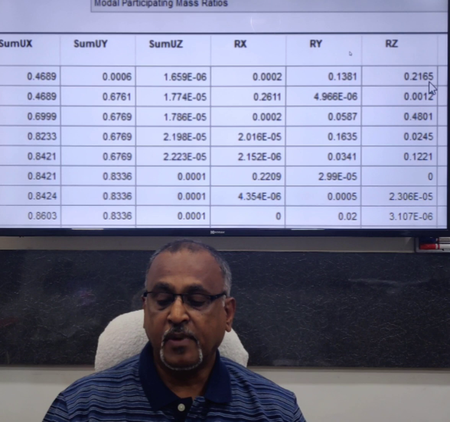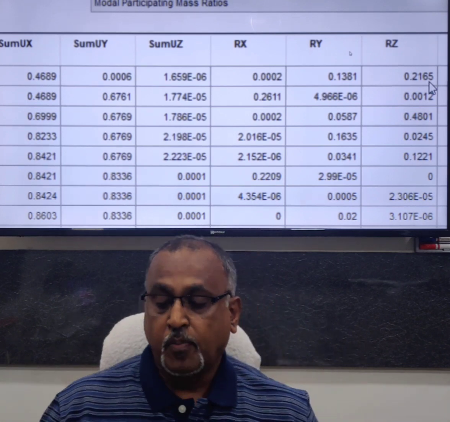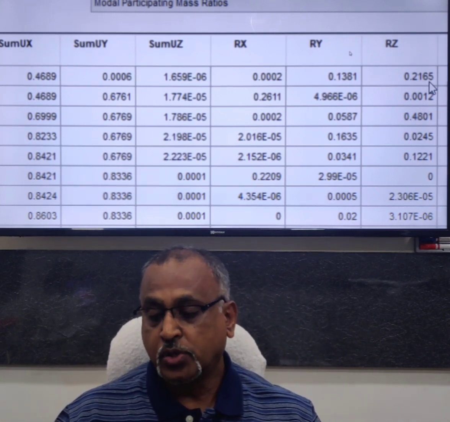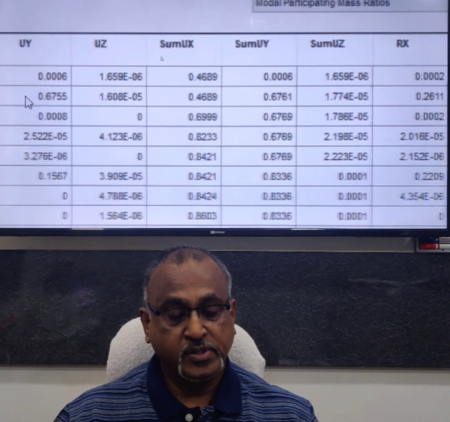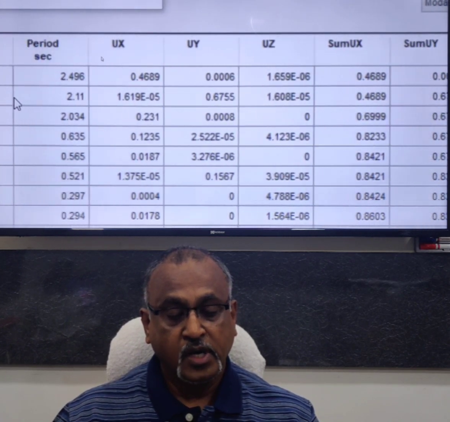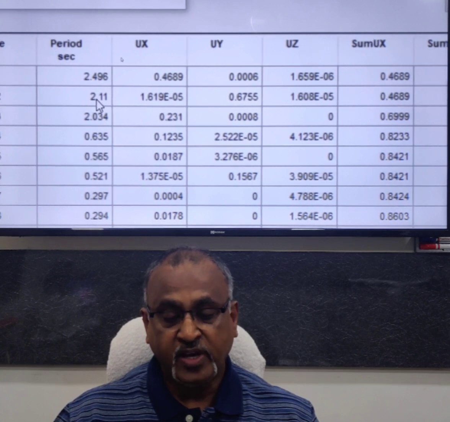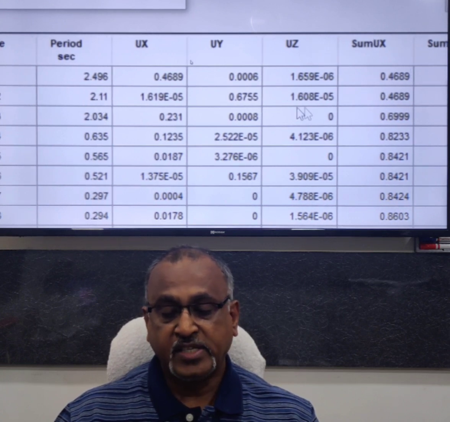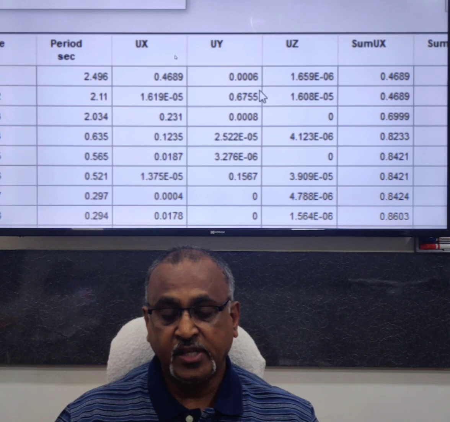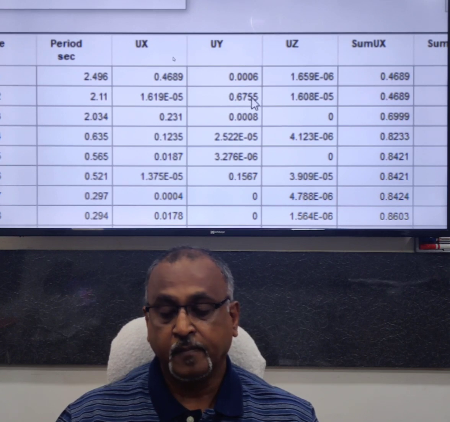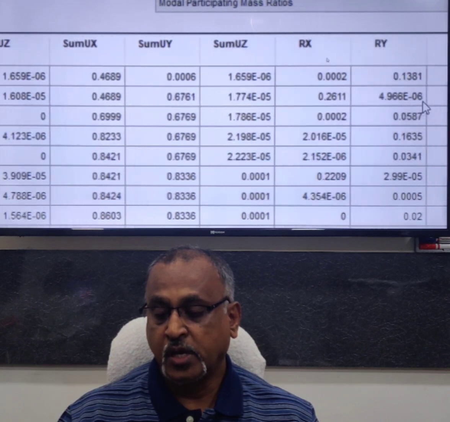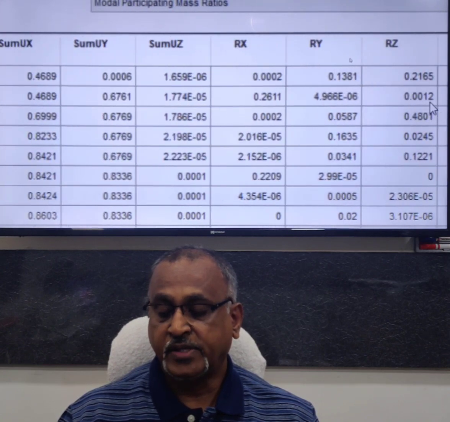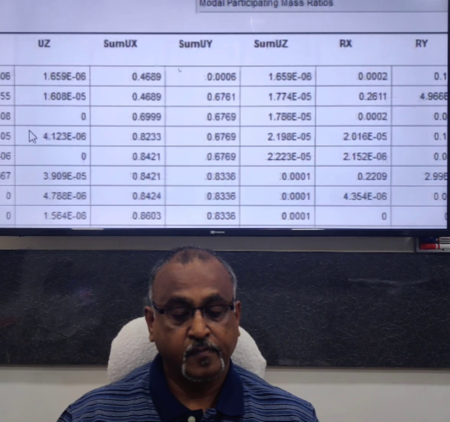RZ, that is torsional mass participation, was 0.22, around 22%. In case of the second mode, the time period is 2.11 seconds. Mass participation is majorly in the Y direction, 67-68%, and there is no torsional effect observed. Here it is very nice, it is just 0.12% RZ.